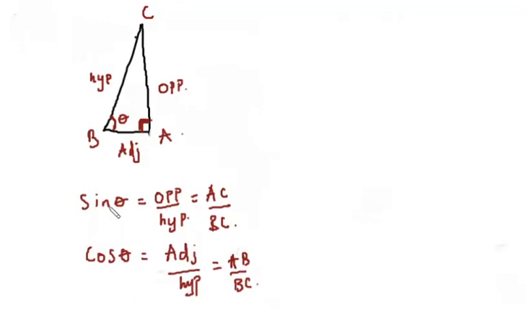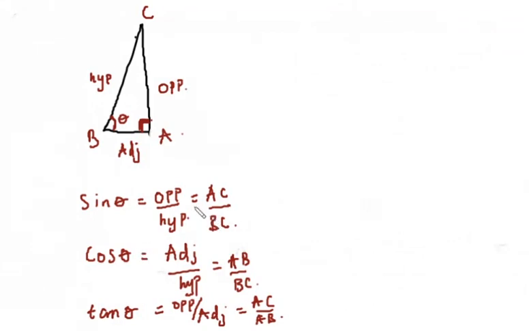And if you relate opposite and adjacent, we have tan theta, which is equal to opposite over adjacent, which is AC over AB. These three terms are referred to as trigonometry ratios.